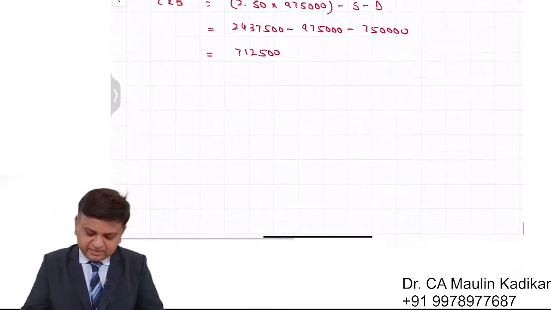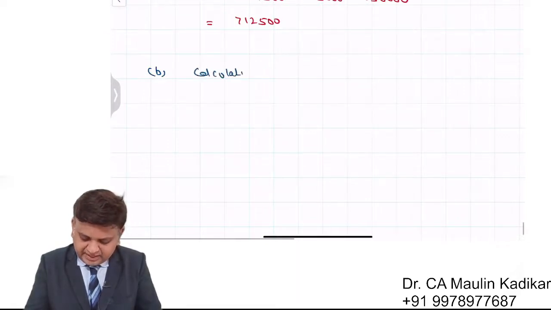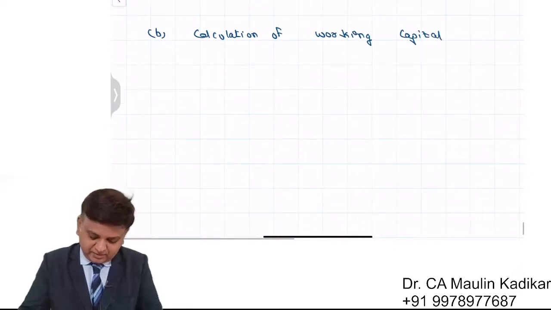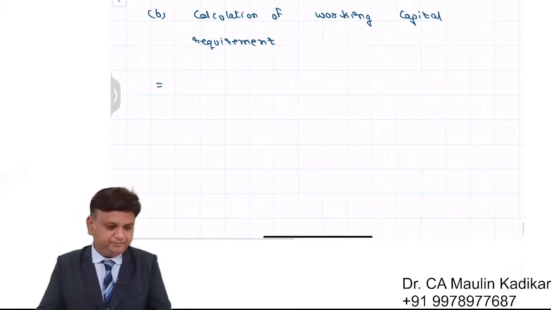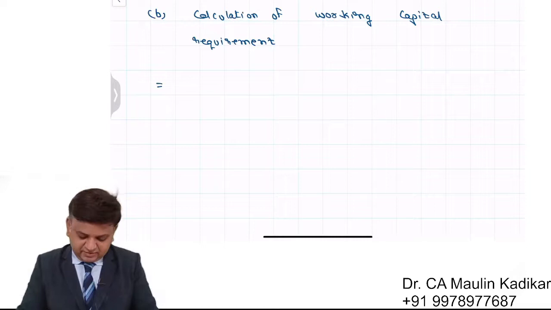Next, write down the B part of the question answer. Calculation of working capital requirement. In that, there are three current assets that we have.